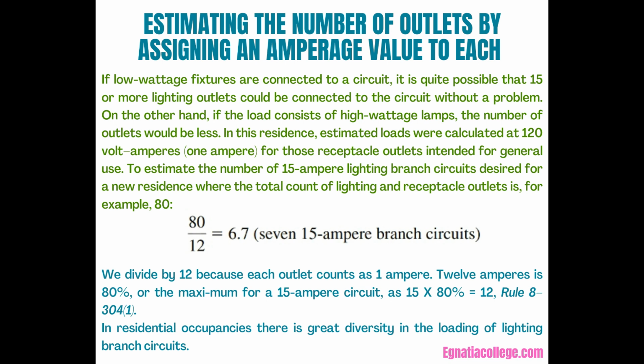We divide by 12 because each outlet counts as 1 ampere. 12 amperes is 80%, or the maximum for a 15 ampere circuit, as 15 times 80% equal 12. Rule 8-304(1). In residential occupancies, there is great diversity in the loading of lighting branch circuits.